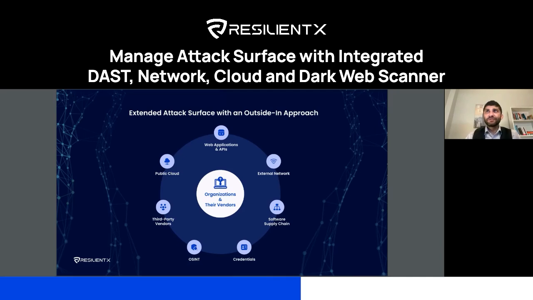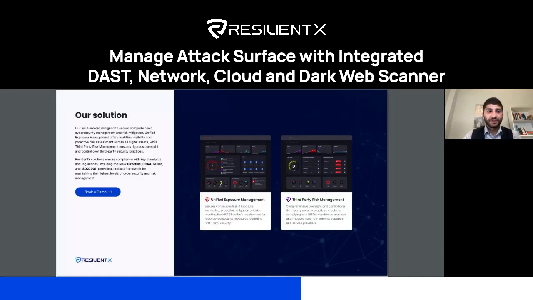And what we do essentially at ResilientX, we provide two solutions. The first solution that we provide is called Unified Exposure Management. As I mentioned before, it is what we call an all-in-one tool to perform all those steps from discovery, testing, intelligence, and prioritization in one flow.